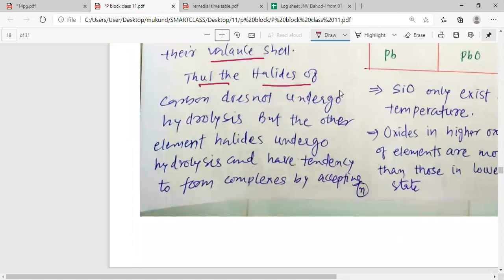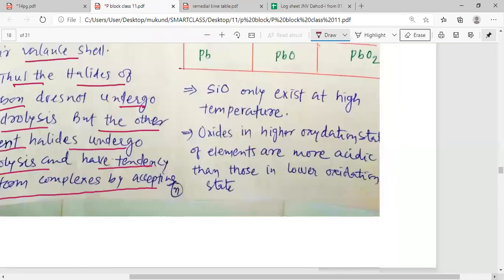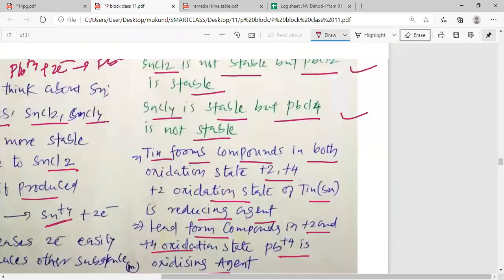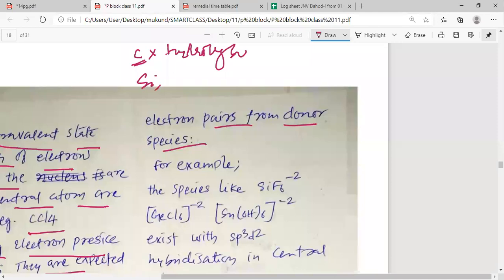Thus, the halides of carbon do not undergo hydrolysis, but the halides of the other elements undergo hydrolysis and have a tendency to form complexes by accepting electron pairs from the donor species. So please remember, my dear students, that the compounds of carbon do not undergo hydrolysis, but the compounds of silicon, germanium, tin and lead undergo hydrolysis.